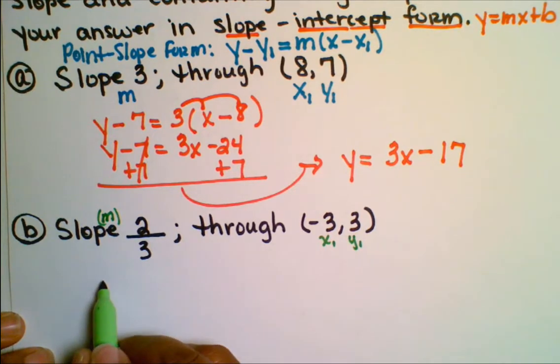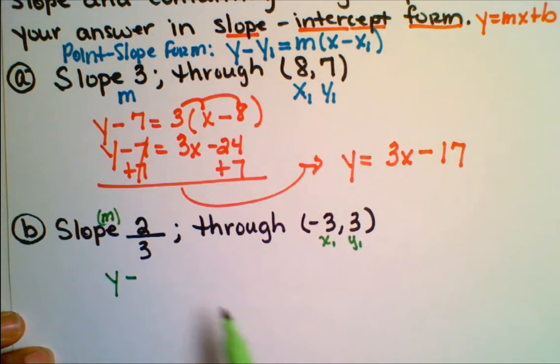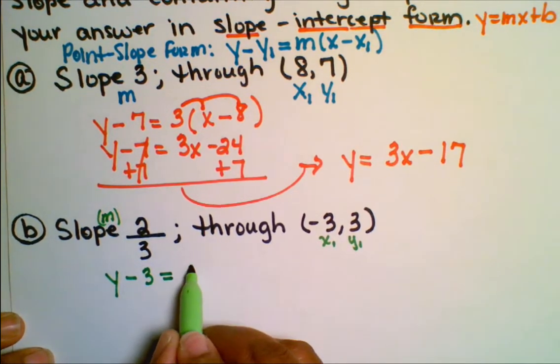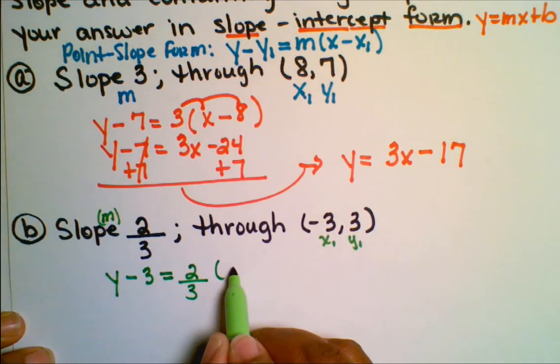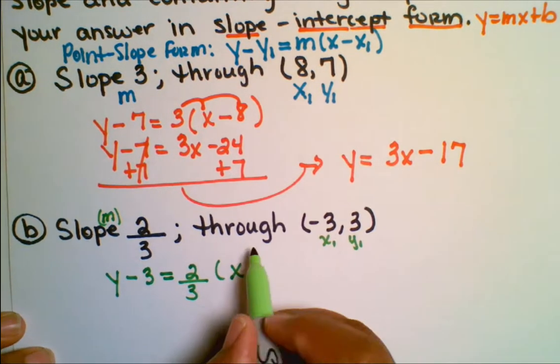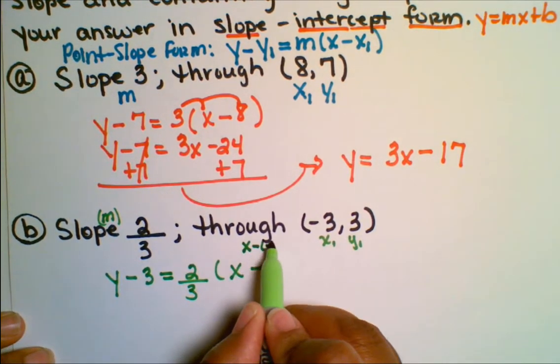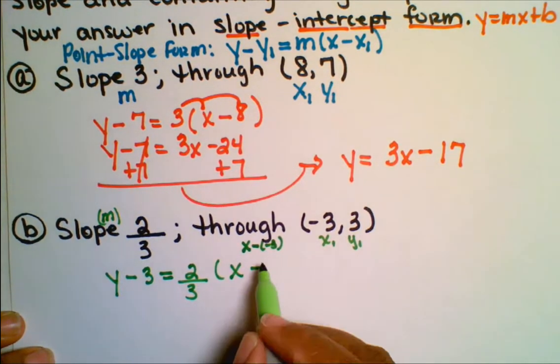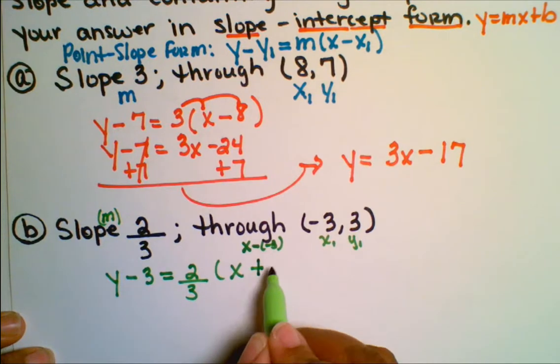So here we go. We have y minus 3 is equal to 2/3 times x minus. Now here we have negative 3. You're saying x minus negative 3. Well, what will happen to the two negatives? It becomes a positive, so we would say x plus 3.